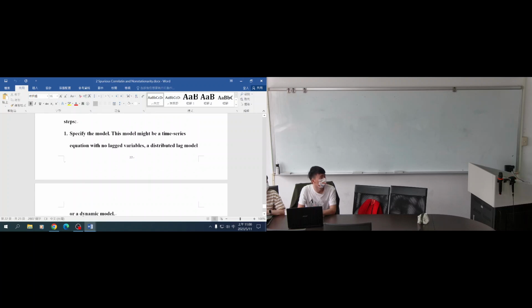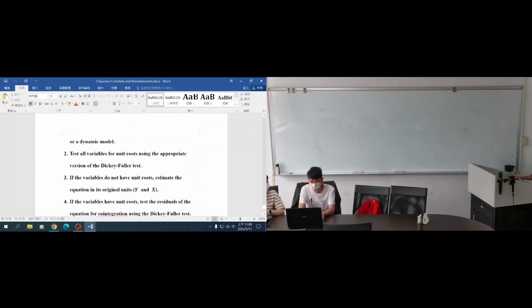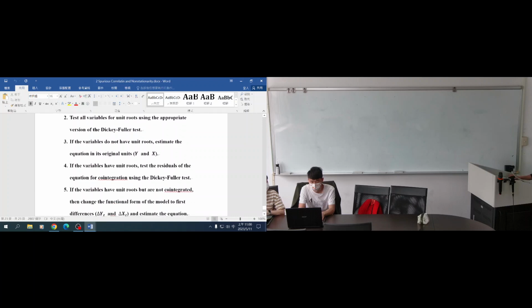The model might be a time series equation with no lagged variables, or a distributed lag model, or a dynamic model. You all know what that's about, right? Then test all variables for unit roots, using the appropriate version of the Dickey-Fuller test.